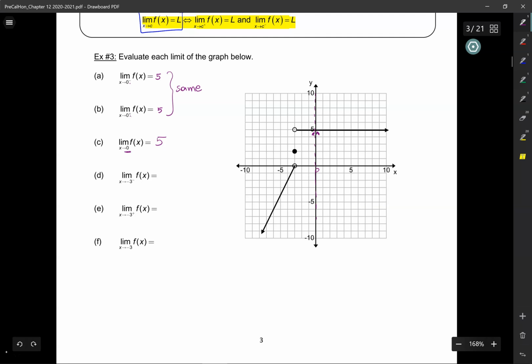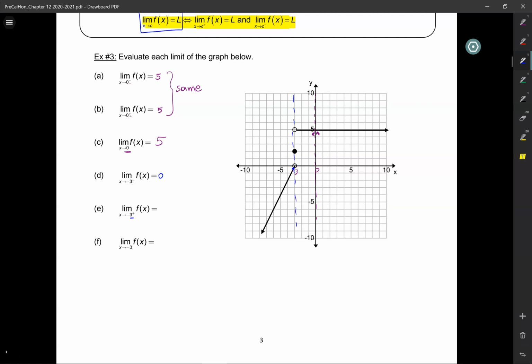The limit as x approaches negative 3 from the negative side. Where is negative 3? Here. Let's do an imaginary line there. Immediately to the left of the graph, what y value does the function have? Immediately to the left of that imaginary line, the y value is 0. So as x approaches negative 3 from the minus side, that's 0. Okay. The limit as x approaches negative 3 from the positive side, immediately to the right side of this, where is your function?